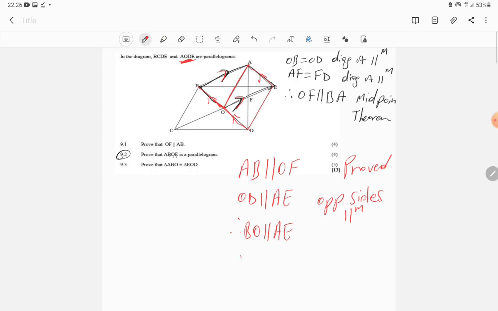Then therefore we are having ABOE being what? Being a parallelogram. Reason: because two pairs of opposite sides are parallel.